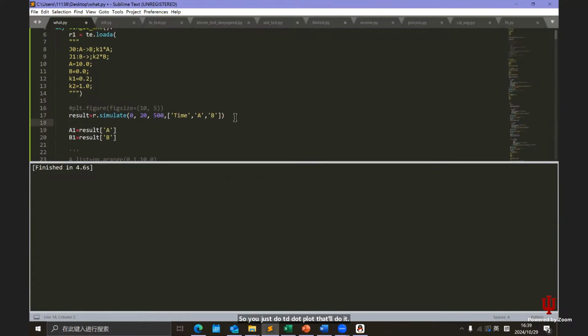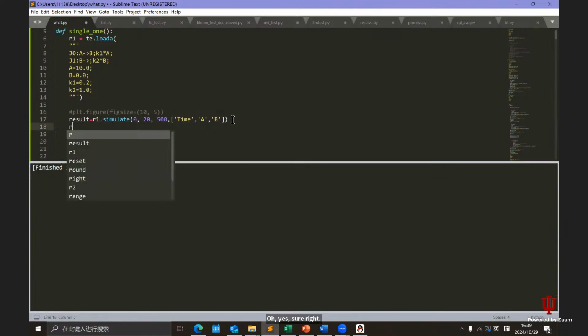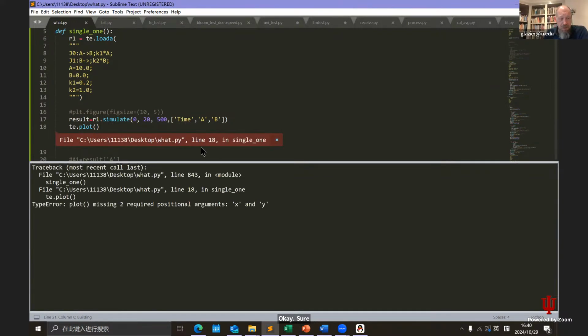Oh yeah, sure. It's a result dot plot, right? Well, t dot plot will plot whatever the last thing that was calculated is. Okay, sure. Not very pretty, but it's the fastest way to do it.